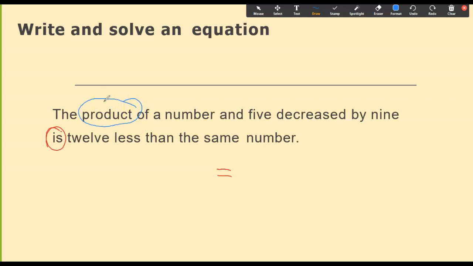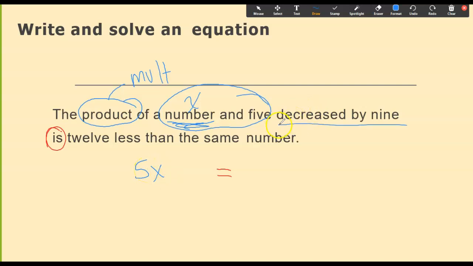It is multiplication. So I know I'm going to be multiplying a number. Do I know what that number is? Nope, I can put my variable x. A number and 5. So the product of a number and 5. So I'm taking that number, x, and I'm multiplying it by 5. What's a better way to write that? 5x.